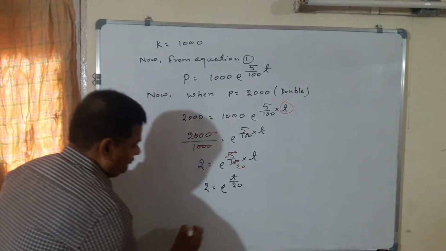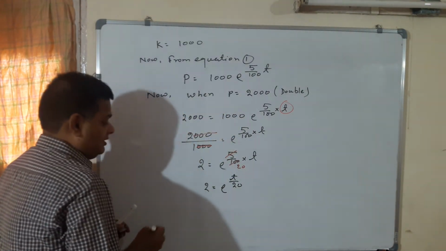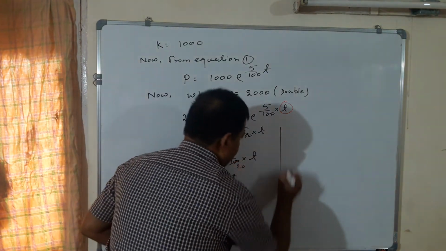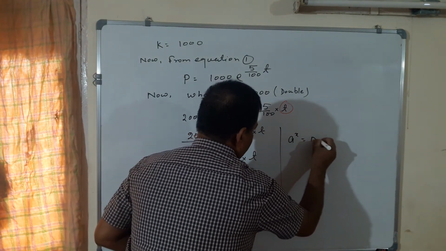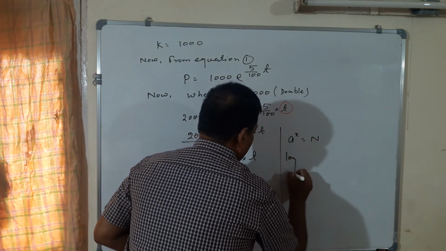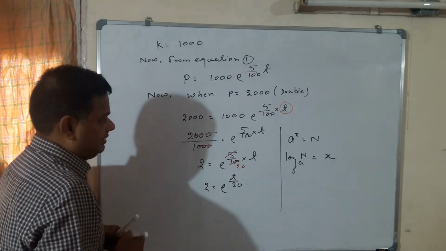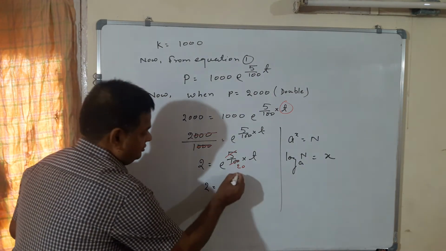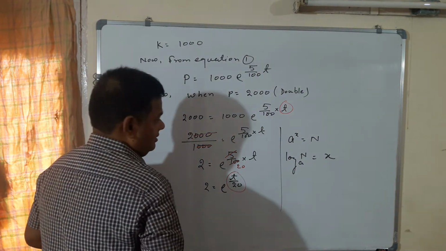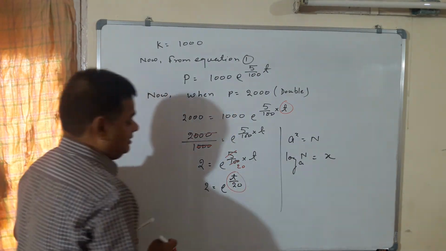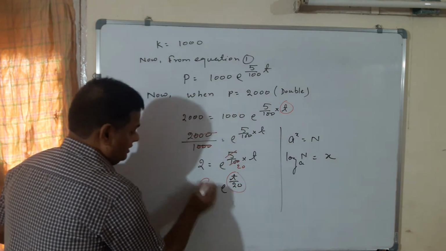Now use the logarithm formula. Just now I discussed: a raised to the power x equal to n, then log n to the base a equal to x. So compare here, suppose this is x, and this is n.